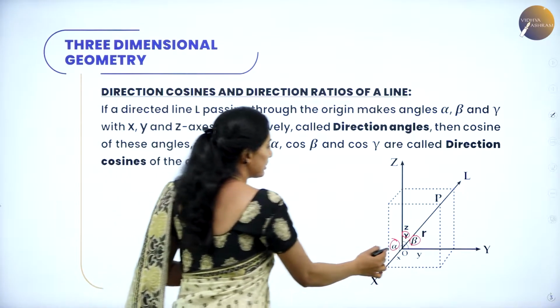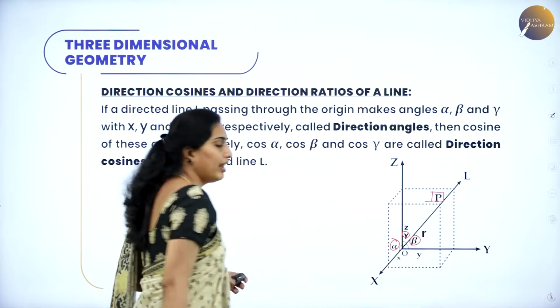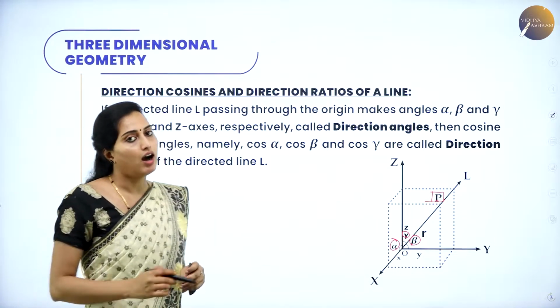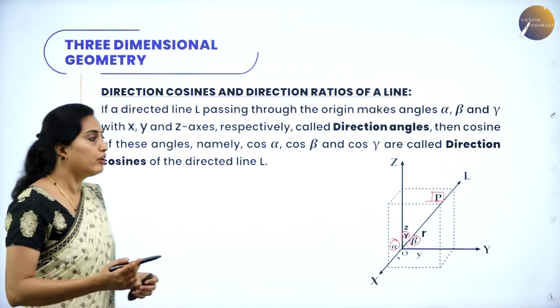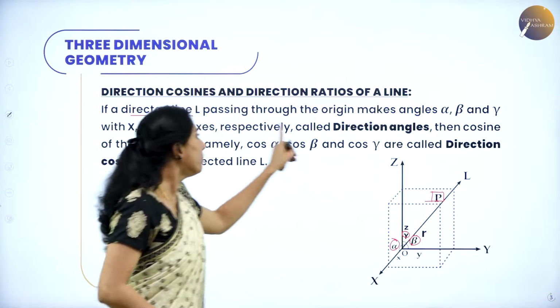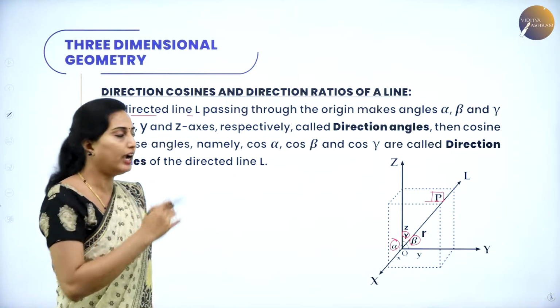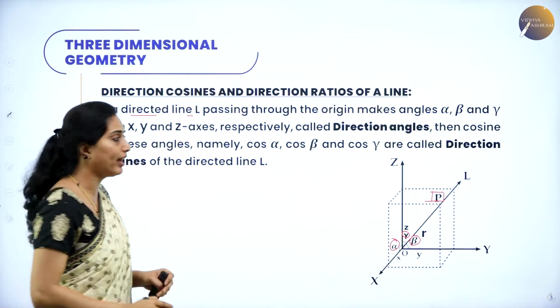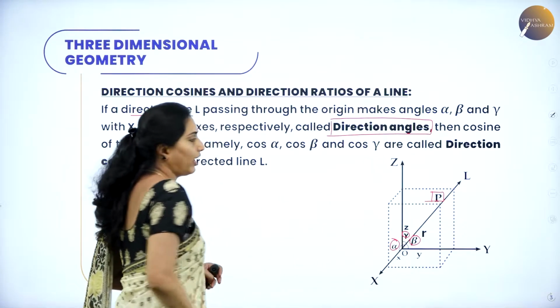OP is a point on that line and OP is R, that is a distance. So the same explanation I have taken here. This is a line L passing through the origin, making angles alpha, beta and gamma respectively, called direction angles. What are they called? Direction angles.